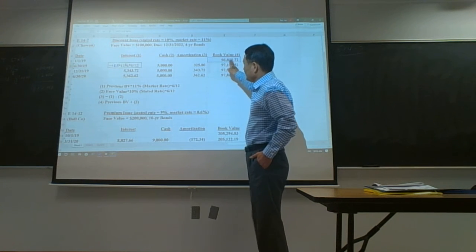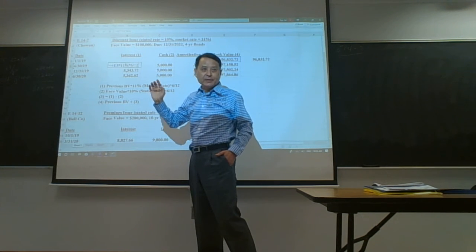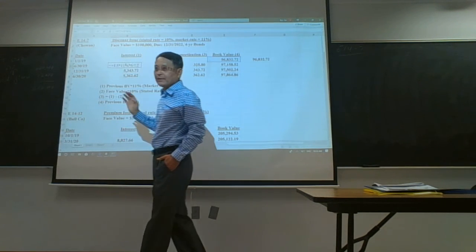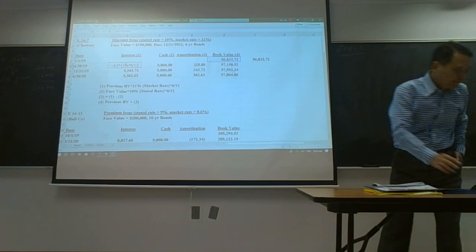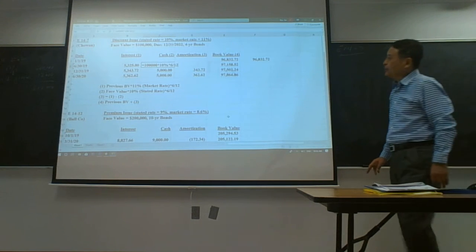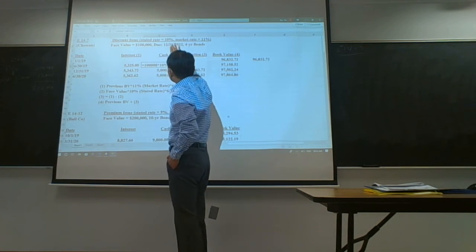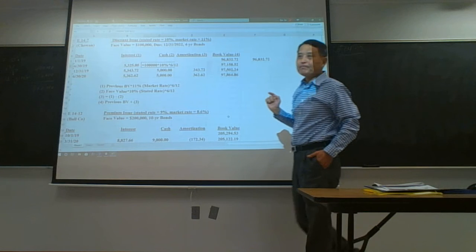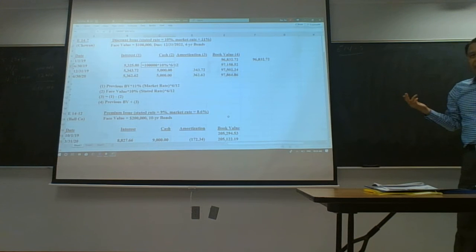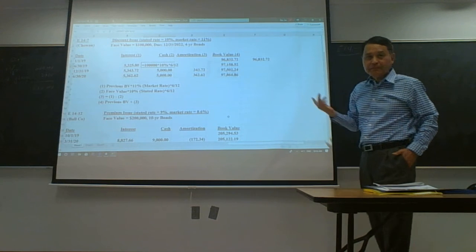So beginning book value times 11% market rate times 6 over 12 is 6 months interest expense for January 1st through June 30th, 2019. And column 2 is cash payment, 5,000, based on 100,000 face value and 10% stated. So don't get confused between stated and effective rate. Effective rate determines interest expense. Stated rate determines payment.